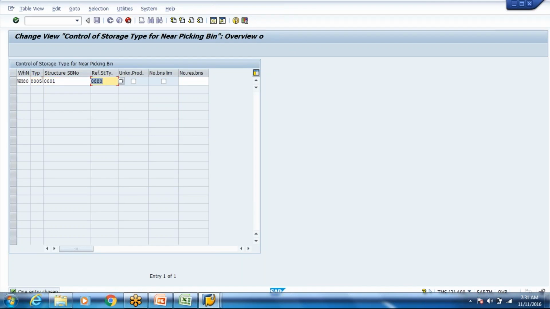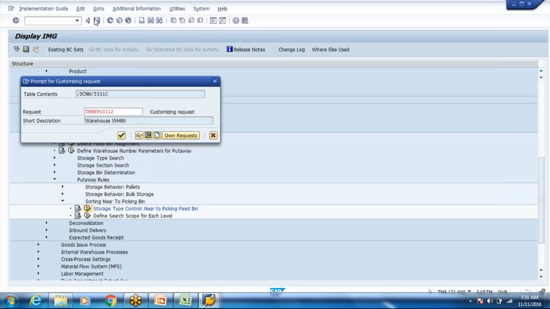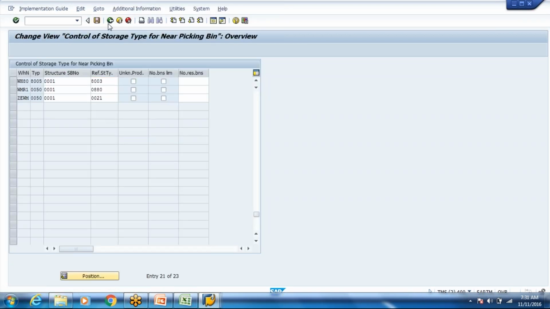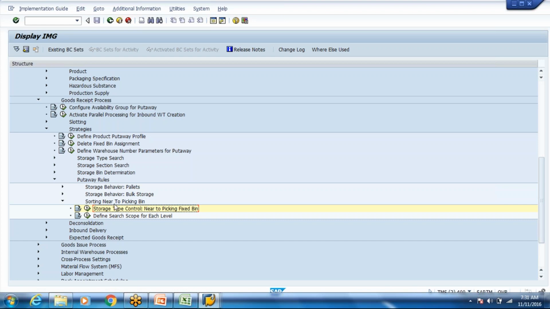Then the reference storage type, where it will be searching, should be 8003. Okay. And then let us quickly see 8003. Oh, sorry, 080.